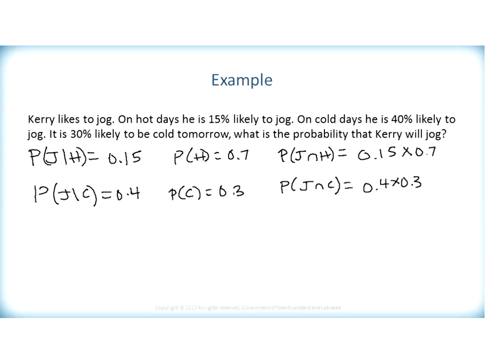And of course, the probability that he will jog tomorrow is equal to the probability he will jog when it's cold plus the probability that he will jog when it's hot.